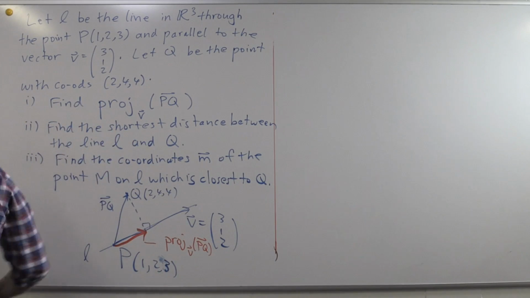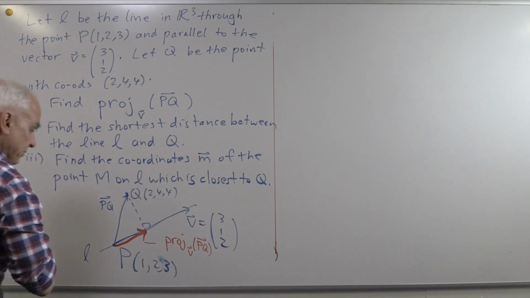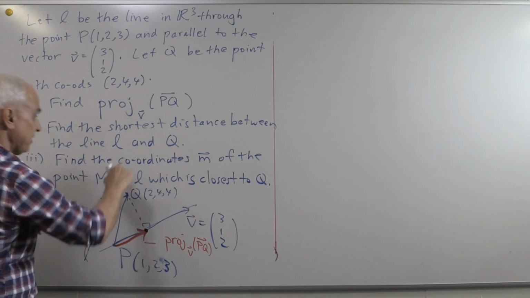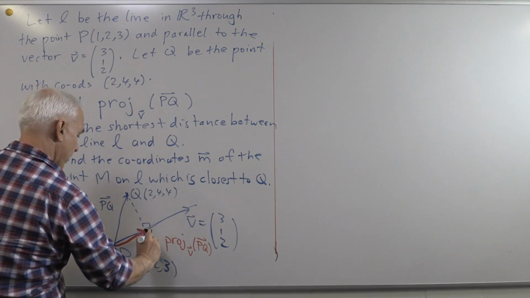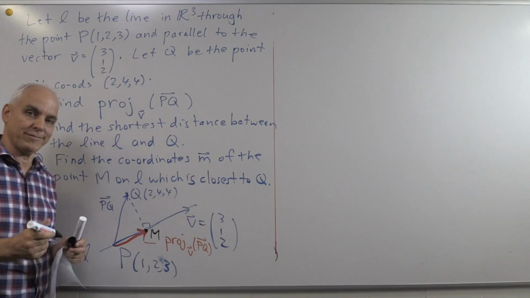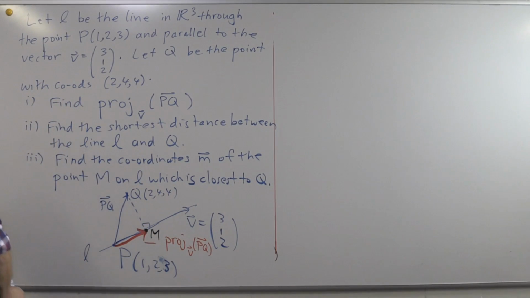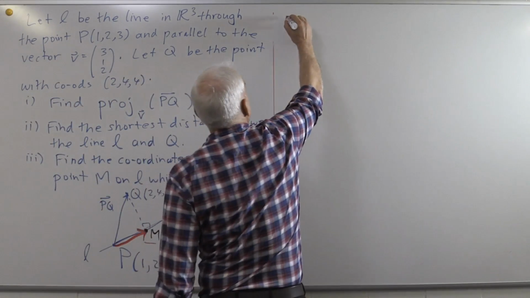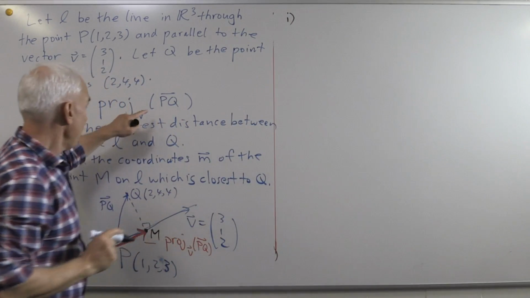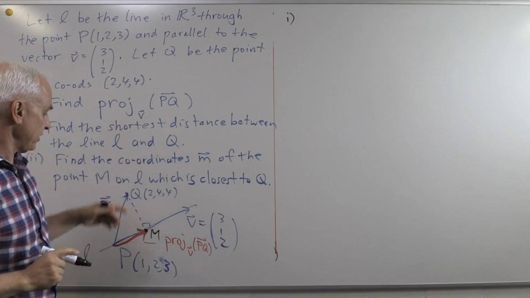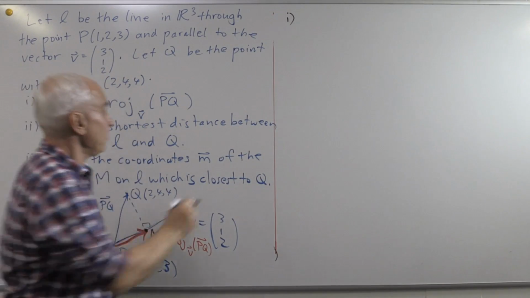And that point that we're going to get, that closest point that's sitting right here, that's the point M that we're after eventually. Okay, so we have to make some calculations here. Let's get into it. First thing to do is to find this projection of PQ onto V. So we know what V is, we have to find PQ first.